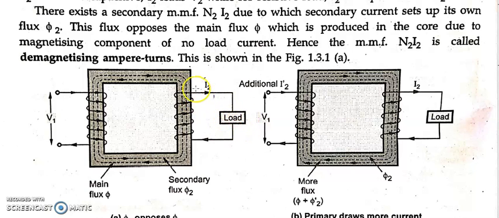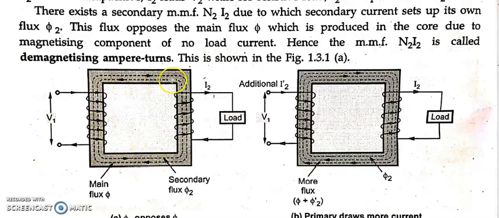When I connect the load here, obviously this path is closed, and if the path is closed, some amount of current will be drawn from the secondary circuit, that is I2. I2 is drawn from this secondary circuit, so I2 completes its path. When I2 starts to flow, secondary flux phi 2 flows in the circuit.